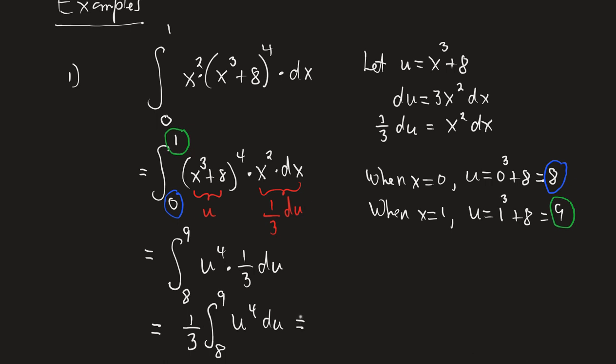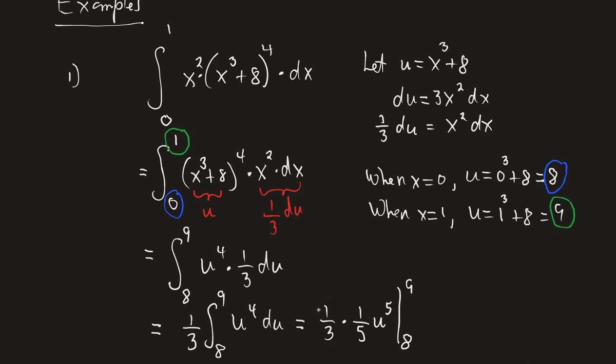Now, using the second version of our fundamental theorem, to evaluate this all we have to do is find an antiderivative of u to the 4th, which is 1/5 u to the 5th, plug in our upper limit, plug in our lower limit, and then take the difference. So we will have 8 and 9 there.